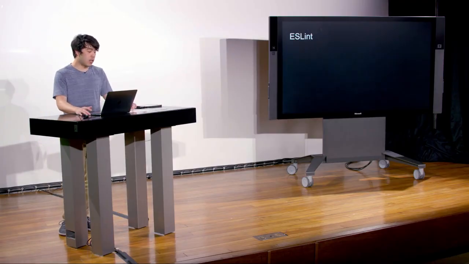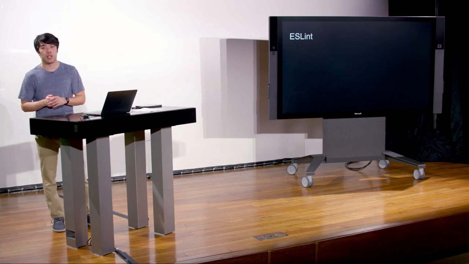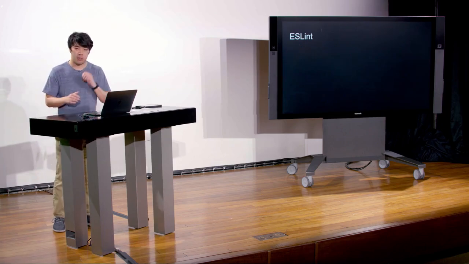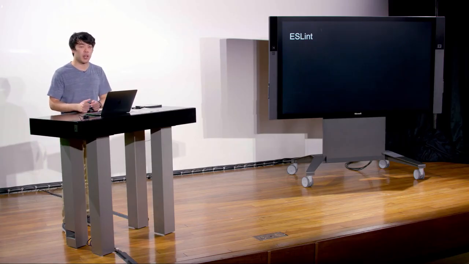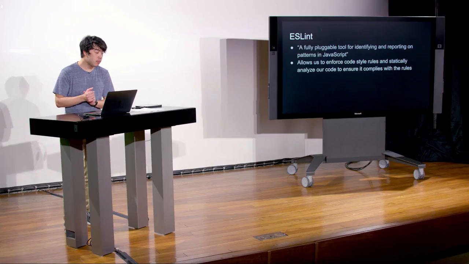And so what is ESLint? You may have seen it floating around on open source projects that you use. You may have seen me try to use it earlier today as I was debugging a syntax error. But what this is, it's a fully pluggable tool for identifying and reporting on patterns in JavaScript. Or in other words, it allows us to enforce some code style rules and statically analyze our code to ensure that it complies with those rules.